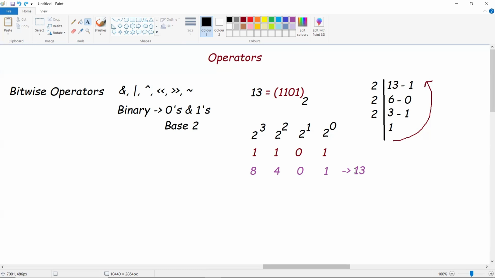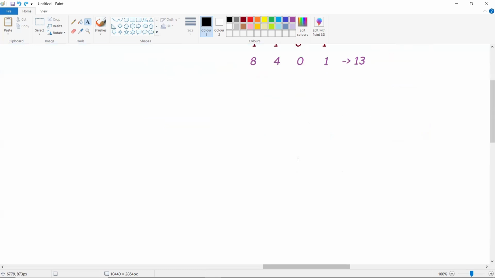Let's now dive into all the bitwise operators one by one. First, bitwise AND. Let's take two bits A and B and do A bitwise AND B. As we have seen in our previous video, in logical AND, if either value is false, the entire condition is false. The same applies to bitwise AND, but here we work only on bits, zeros and ones.